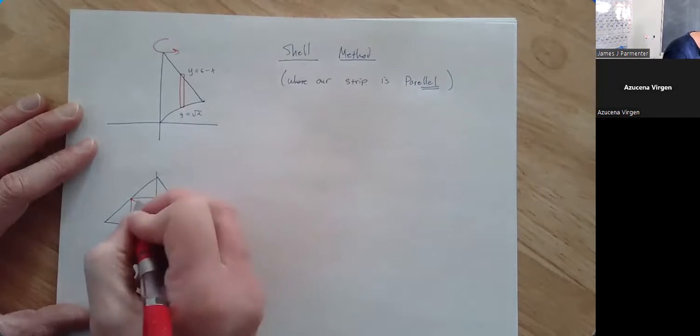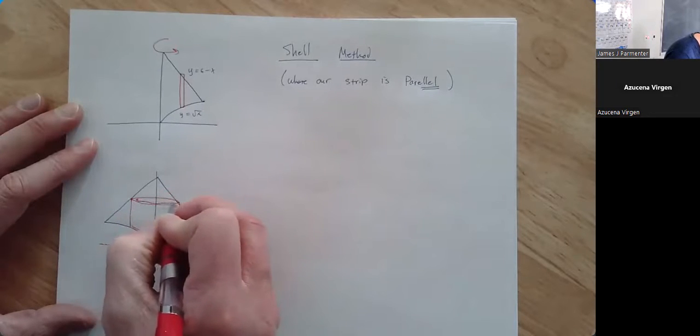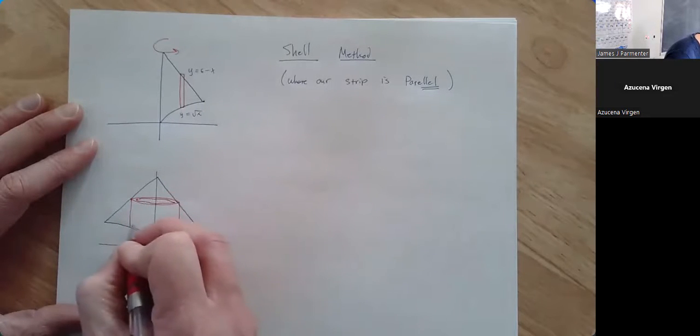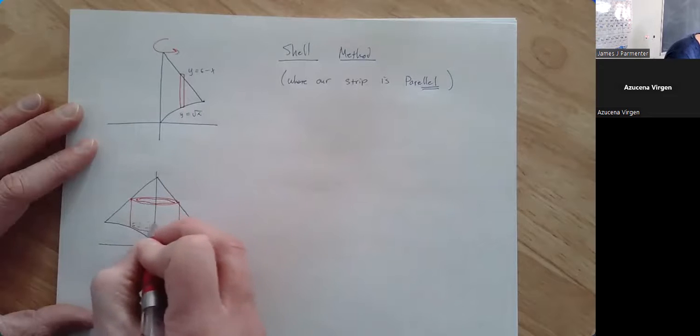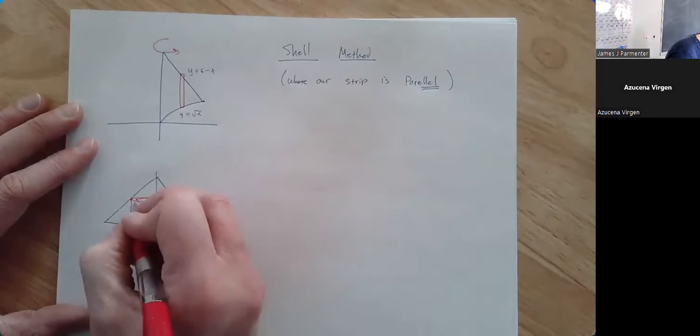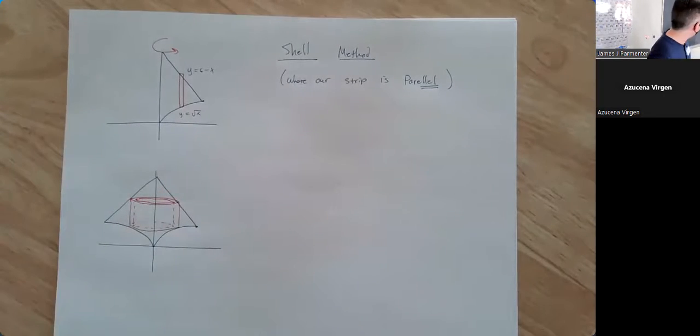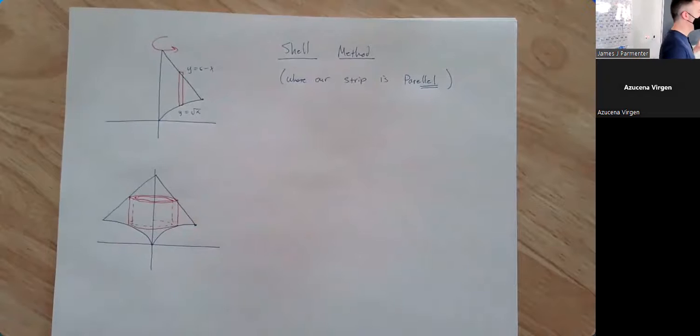It's a cylinder, but it's got a little bit of thickness to it. That's the idea. And so to find the volume of the shell, it's a totally different formula. It's not pi times big R squared minus little r squared. There's a couple different ways of actually deriving this formula, but here's the way that I think makes the most sense.